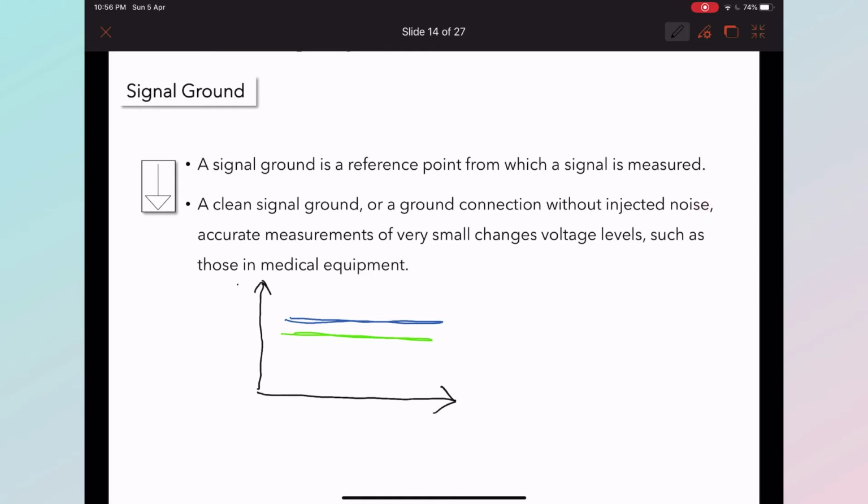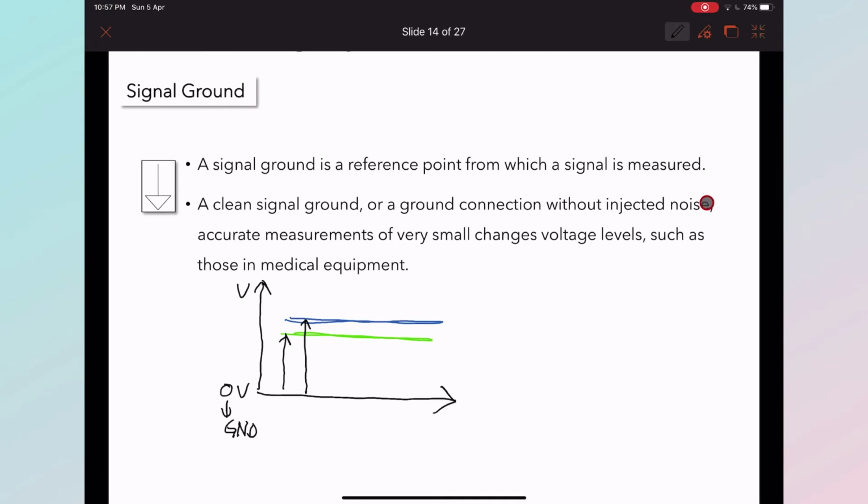Like this is voltage, so we can consider that this is 0 volt or ground. So we can measure from here and from here. This is the level of these signals.